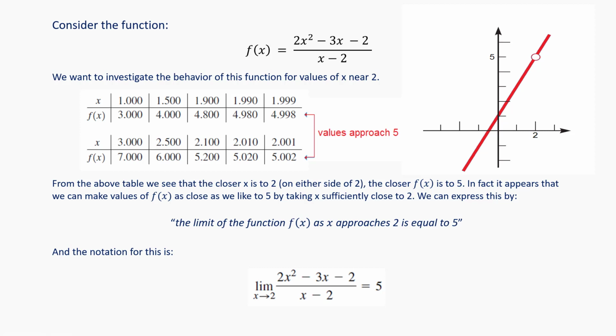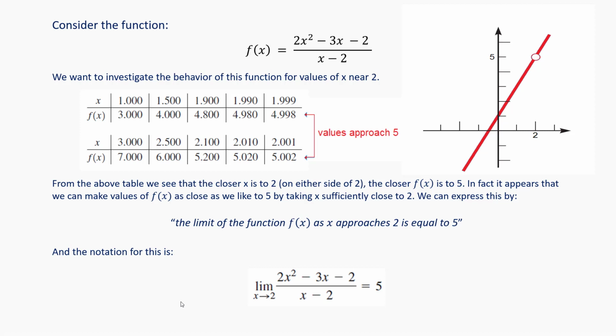Maybe you ask yourself how we can find the limit of our function without looking at the table of values or without looking at the graph of the function. This is the topic of our next videos. For now, you should be able to read and write the limit notation and have an idea of the meaning of the limit of a function.